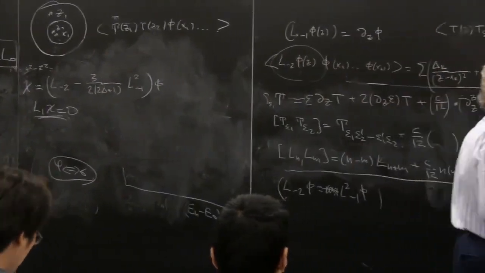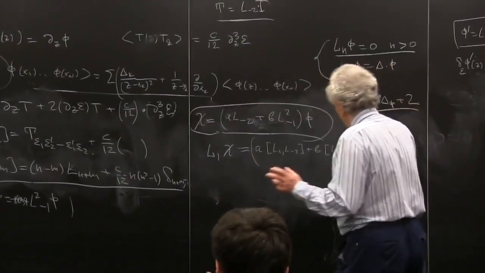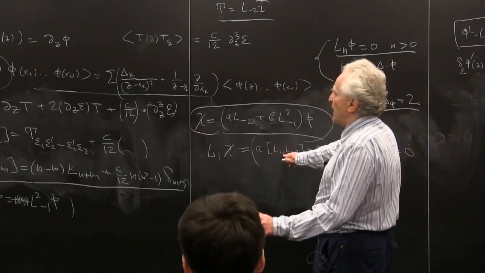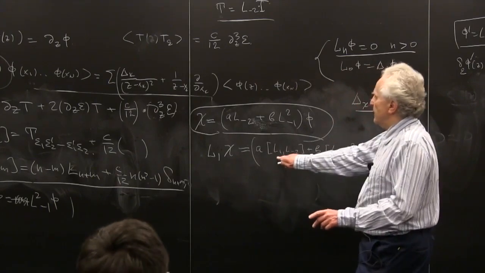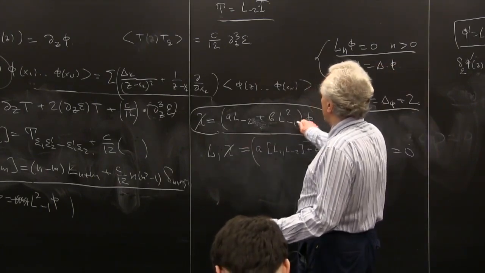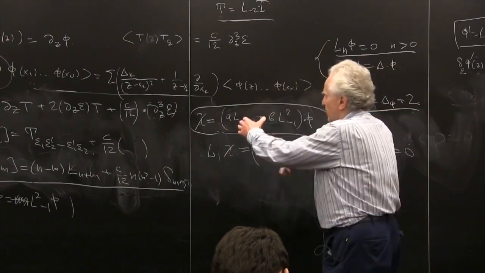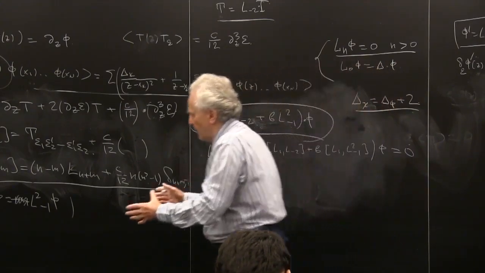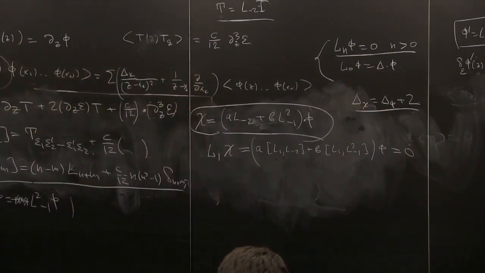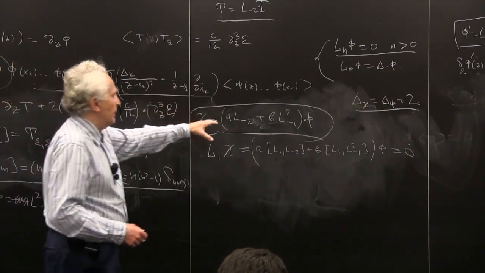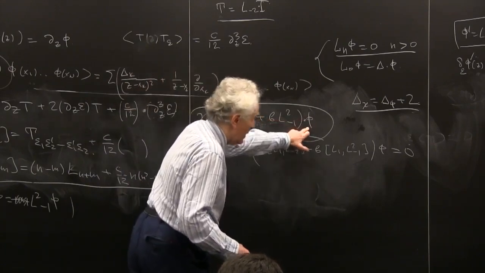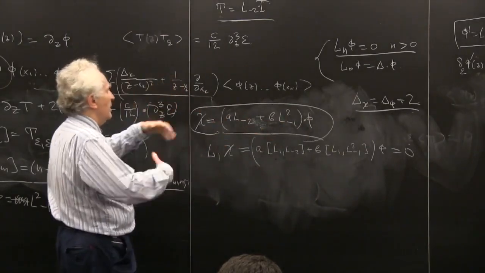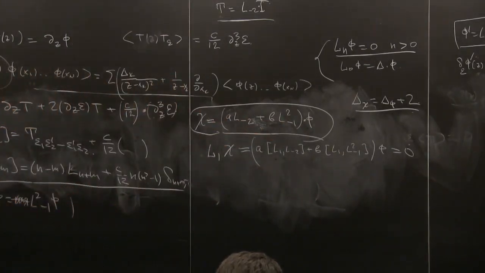Generally speaking, it's not annihilated by L2. I shall explain what it means. I hope it is clear how you calculate and what we are doing. This is some well-defined operator with well-defined correlation functions. We know all of them in terms of correlation functions of phi. This is simply a second derivative of phi. This is, as I discussed at the beginning, something else.